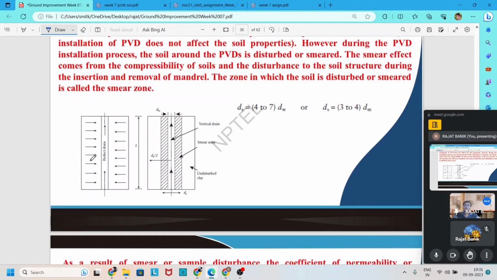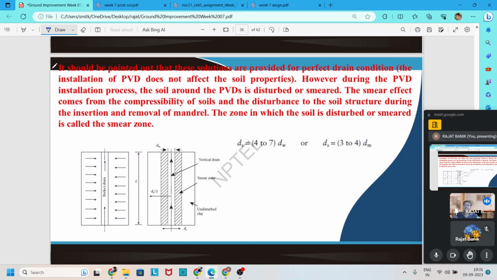Now we come to discuss the smear effect regarding the installation of the vertical drain. When we install this vertical drain into the ground, the surrounding soil of the vertical drain gets disturbed. Due to this disturbance, the particle structure of the soil around the vertical drain changes.